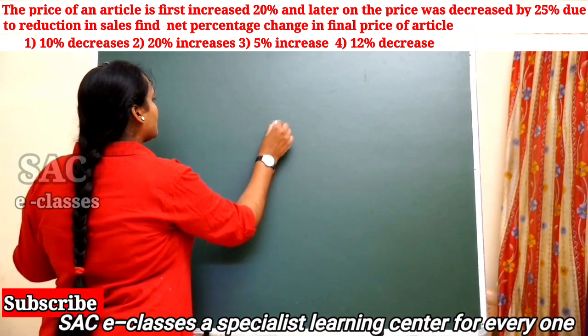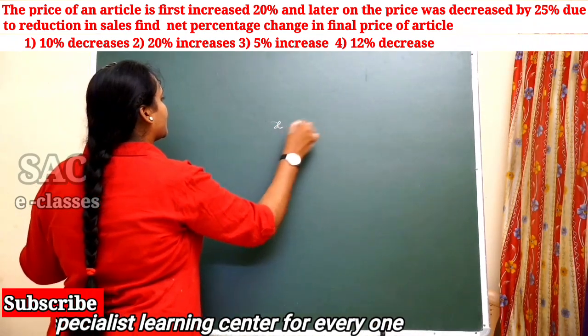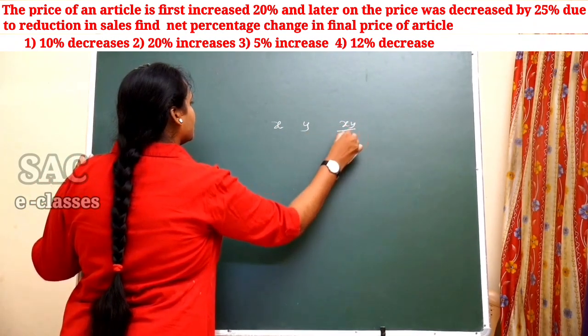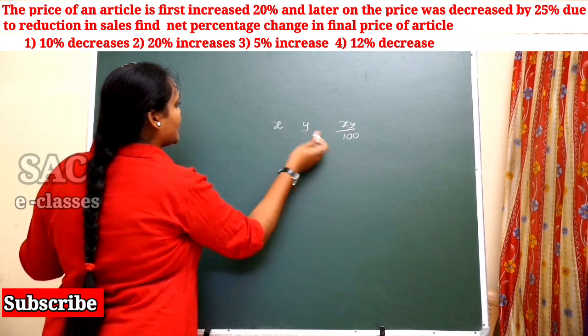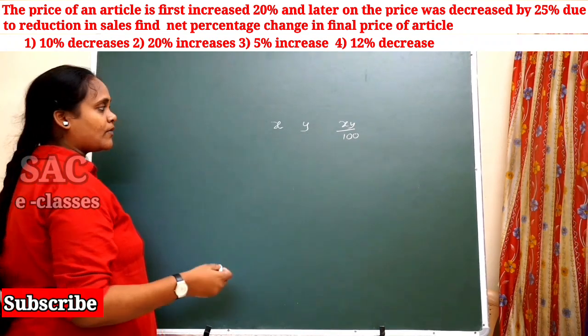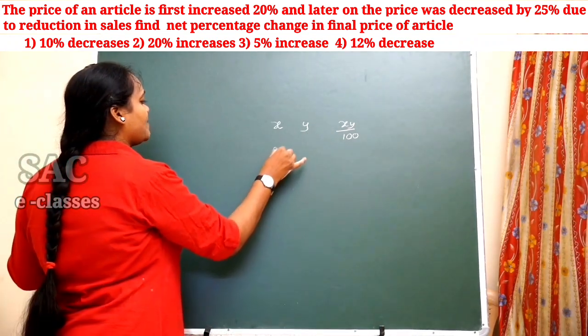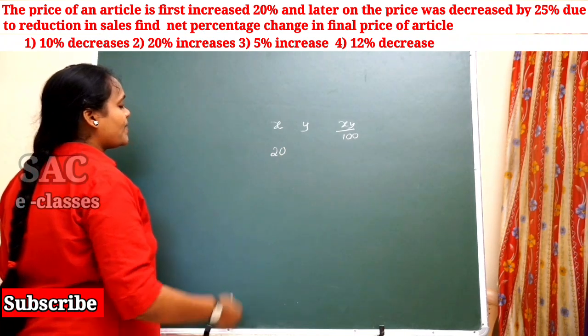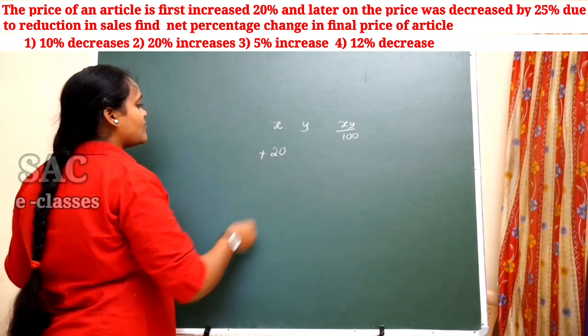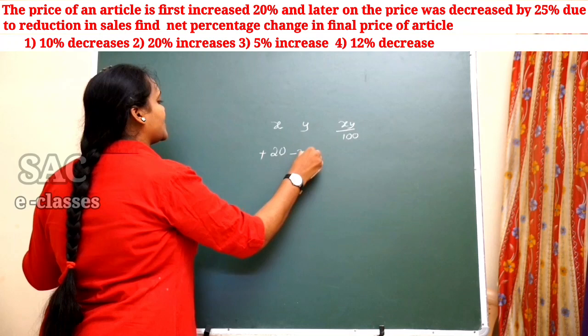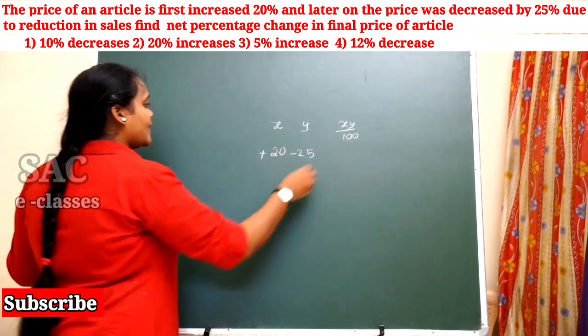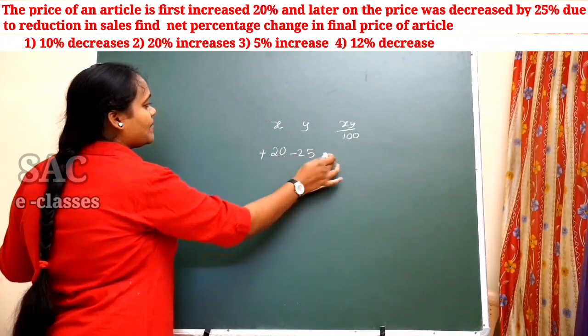First what happened? Let us go for our identity xy by 100. But whether it is positive or negative is based on the given problem. First, 20% increased, so plus 20. What next? 25% decreased, minus 25. Now do I need to write plus or minus here?